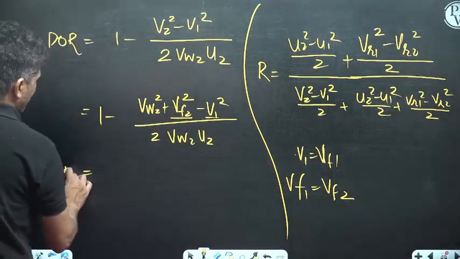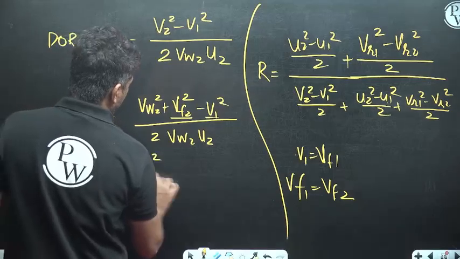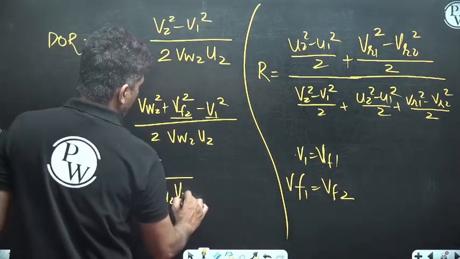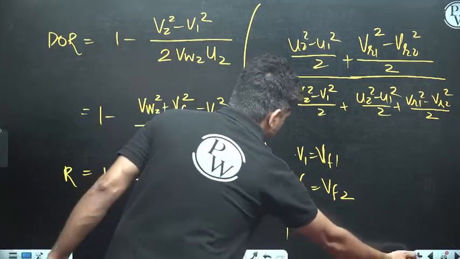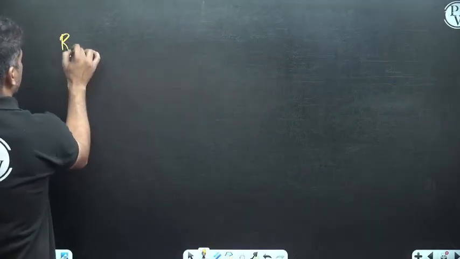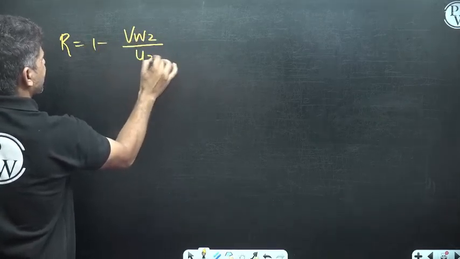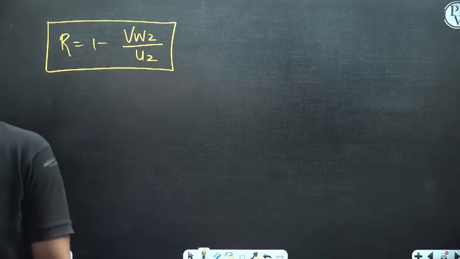So degree of reaction in case of centrifugal compressor can also be written as 1 minus VW2 square divided by 2 VW2 multiplied by U2, and you see that this quantity will come out to be degree of reaction equal to 1 minus VW2 divided by 2 U2. So this is your degree of reaction.